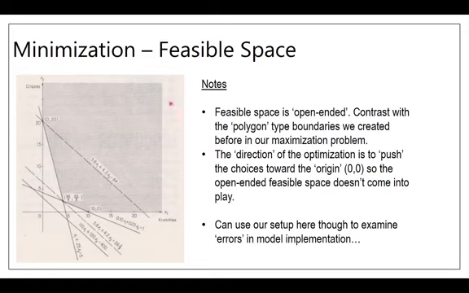Well, here you can never see all the feasible space because it keeps going, and that's a good signal that the relevant part of the feasible space is going to be down here, looking at this side that looks like one of our polygons. And then of course this direction of optimization, pushing it down here, takes us to this corner, and we should note again that the corner point theorem is in full effect. It doesn't just work for maximization problems, it works for minimizations.